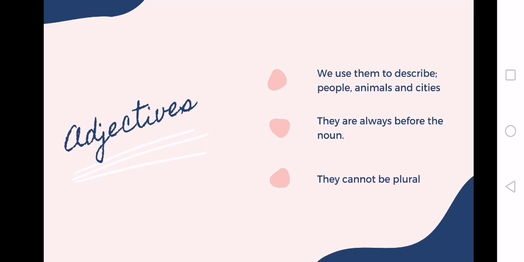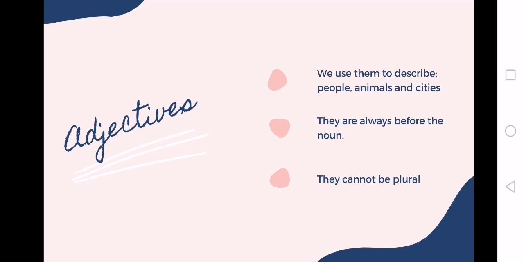What is an adjective? First, we use them to describe people, animals, and cities. Number two, they are always before the noun. For example, if you're going to say that a girl is beautiful, you say a beautiful girl. And number three, they cannot be plural.